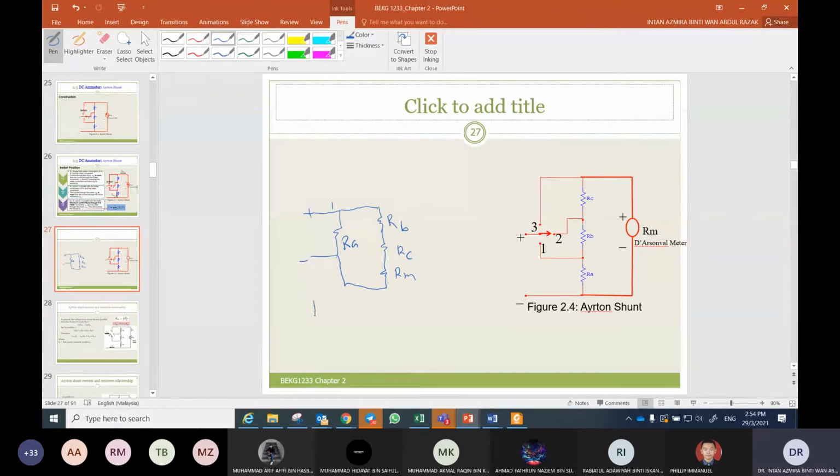Now RA is parallel with what? RB plus RC and RM. So the voltage drop across RA is equal to the voltage drop across here. That is at position 1. So can you draw for position 2? Can or cannot?